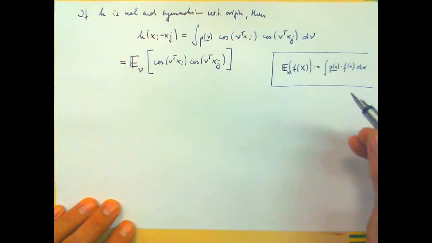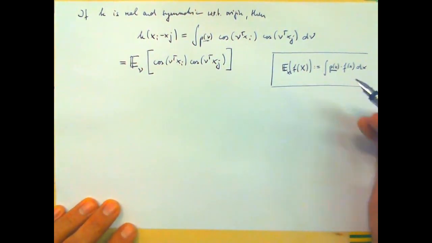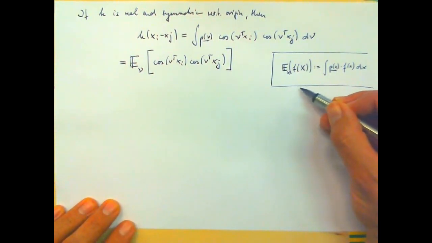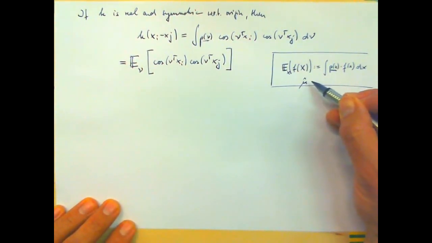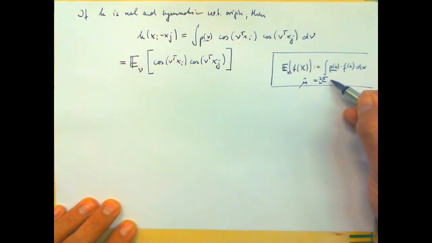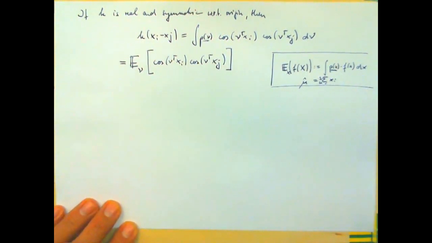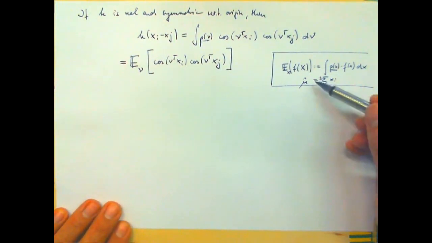Yeah? So we say, for example, my estimated mean is simply 1 over n times the variables that I have sampled from a distribution. So that would be here if f is the identity function.